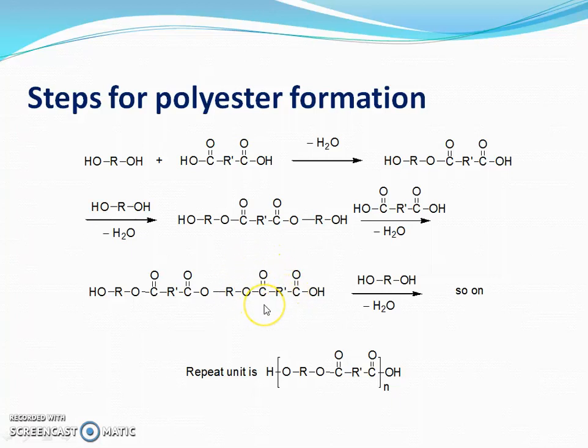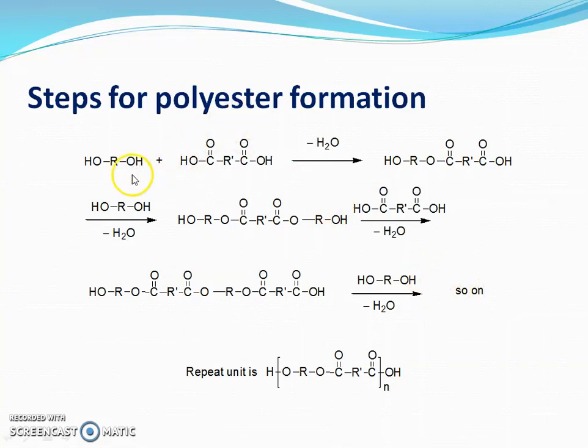So in this way, now we have a carboxylic acid end free which will again combine with the diol, and this process will go on. That is, the monomers will add alternatively to increase the chain length of the polymer.